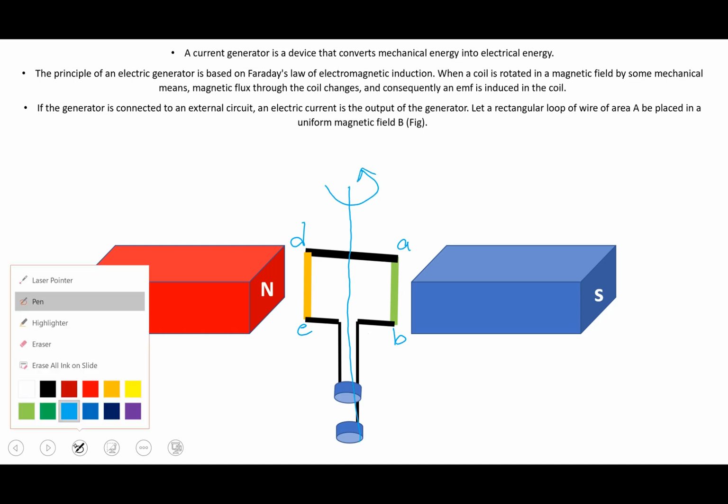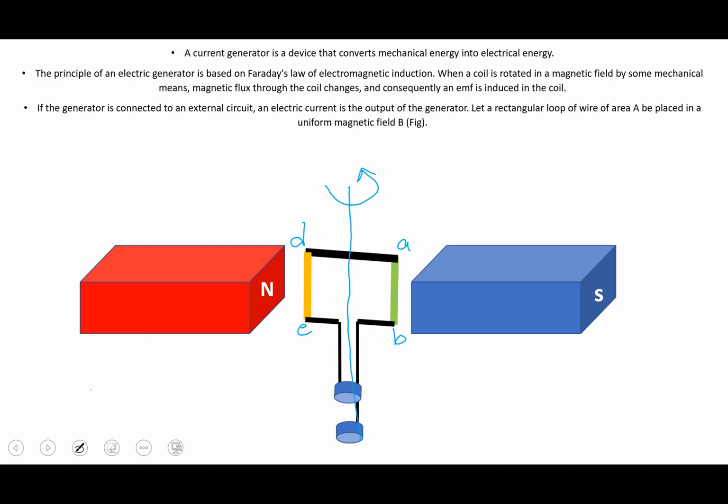We see that it is in a magnetic field, and the magnetic field is moving from north to south. Because of this, we can use the right-hand rule in this case. If we put the index finger along the magnetic field, which is B, and the current flows in the upward direction.